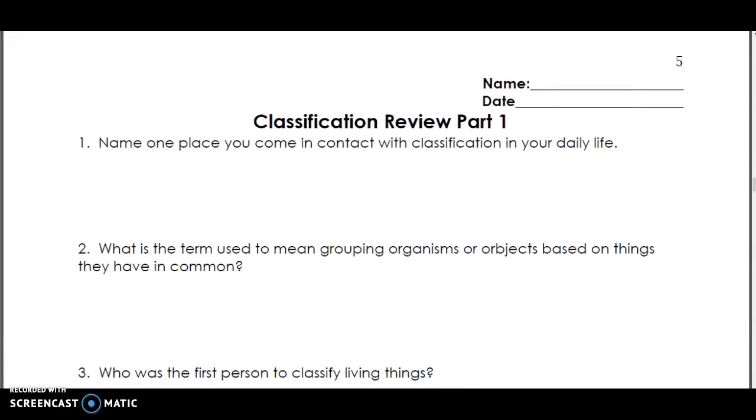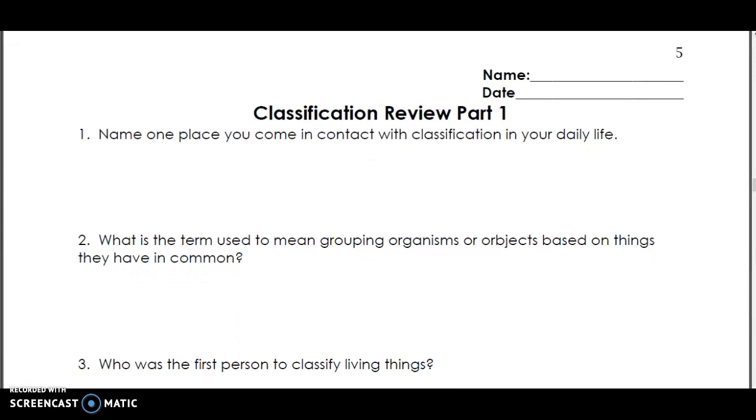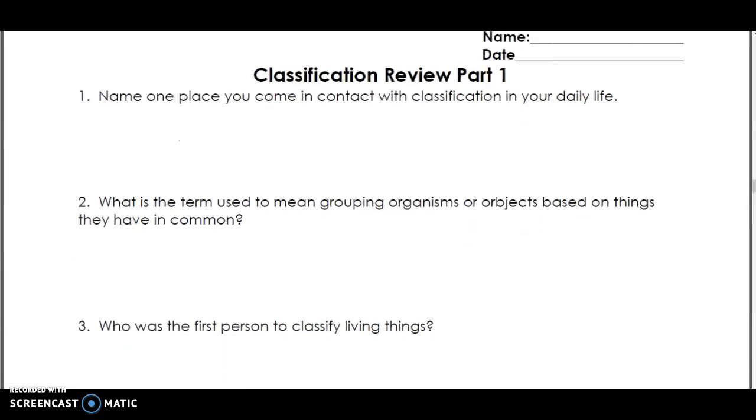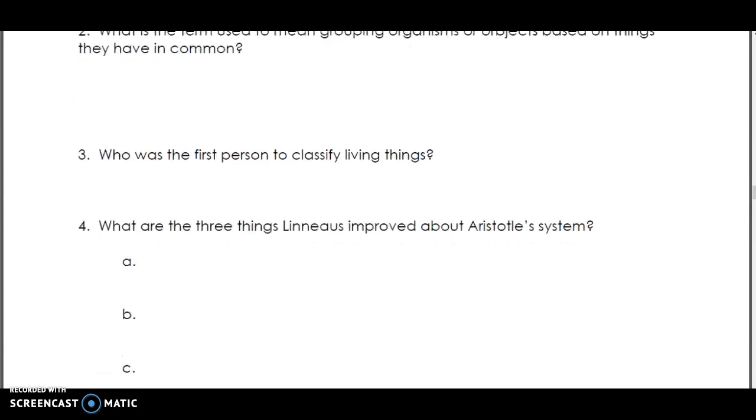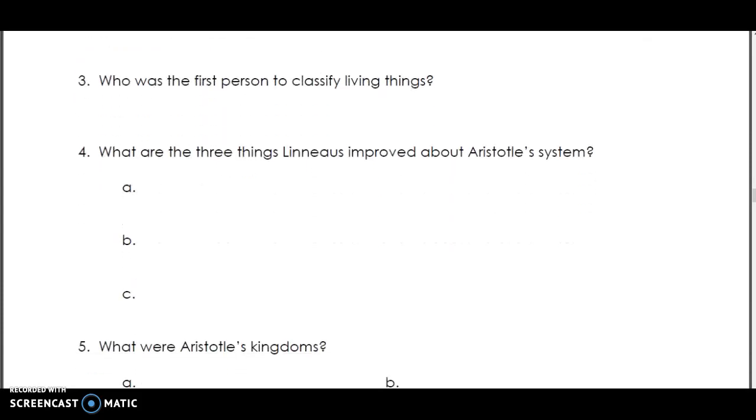So here is the classification review part 1. Your job is to go back through pages 1 through 4 and answer these questions. Number 1, name one place you come in contact with classification in your daily life. Number 2, what is the term used to mean grouping organisms or objects based on things they have in common? Number 3, who was the first person to classify living things?